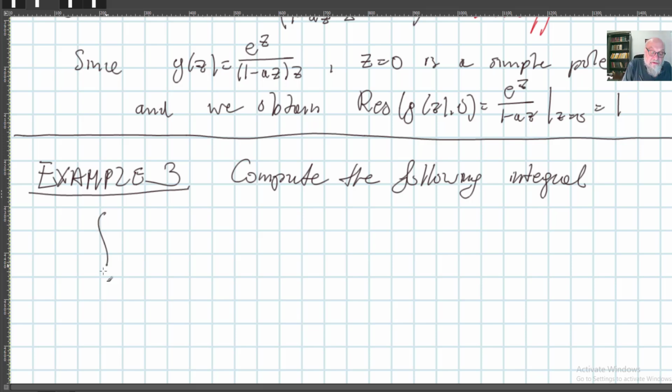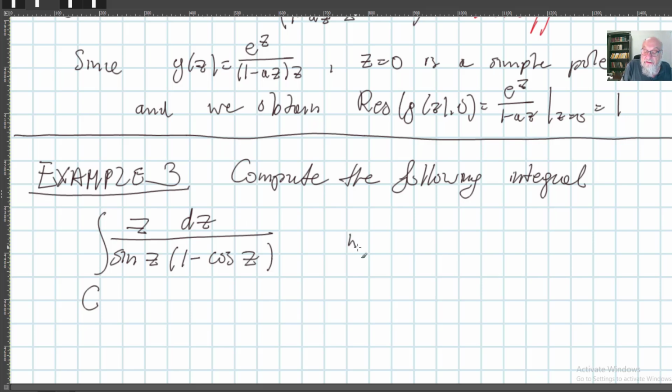Integral over c of z divided by sine of z times 1 minus cosine of z, dz, where c is equal to the set of all z such that absolute value of z is equal to 5. So this is 5. Let's see.